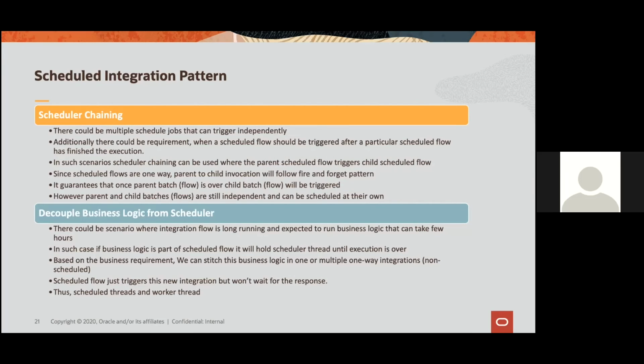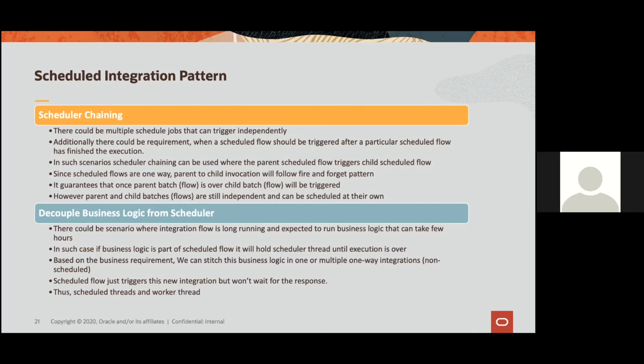So OIC gives a mechanism where a scheduled parent job can call a scheduled child job through REST API, and by doing so, the child schedule gets triggered immediately, and then it can go and pick up the file.